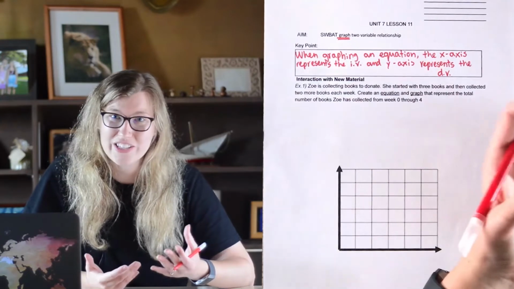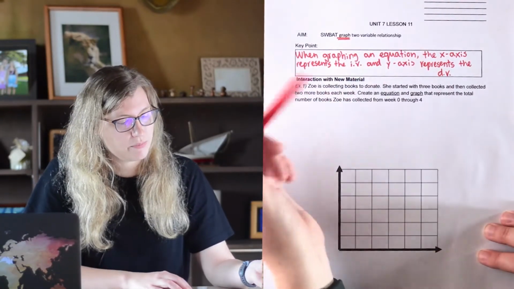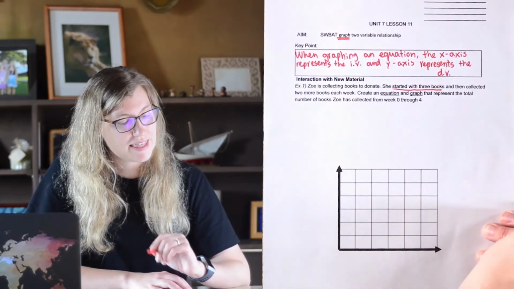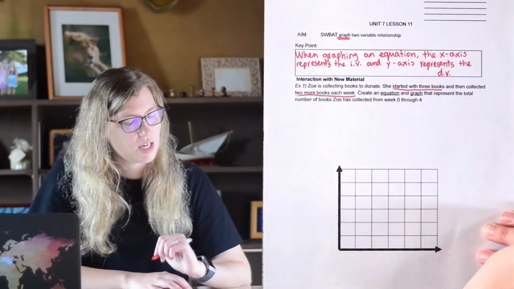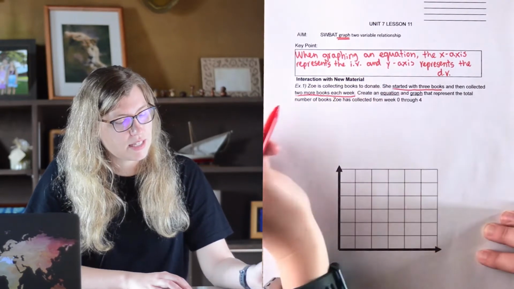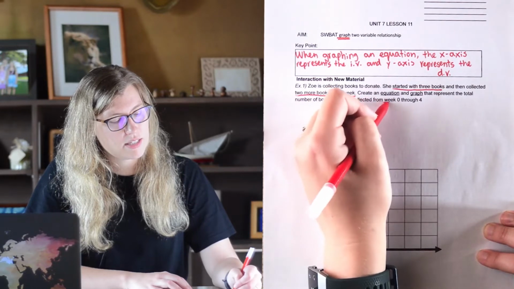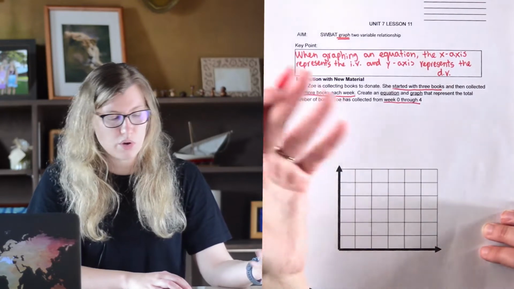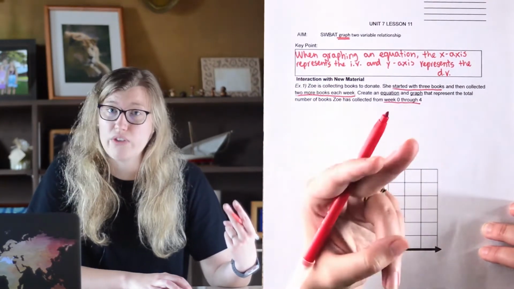Now let's see what this looks like in a problem. Zoe is collecting books to donate. She started with 3 books, that's important, and then collected 2 more books each week. Create an equation and a graph that represents the total number of books Zoe has collected from week 0 through 4. All right, so what are my 2 variables? That's always my first step, finding my 2 variables.